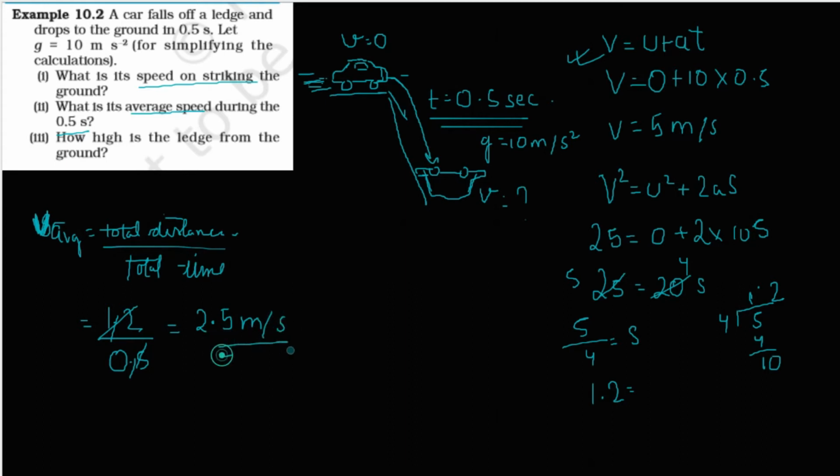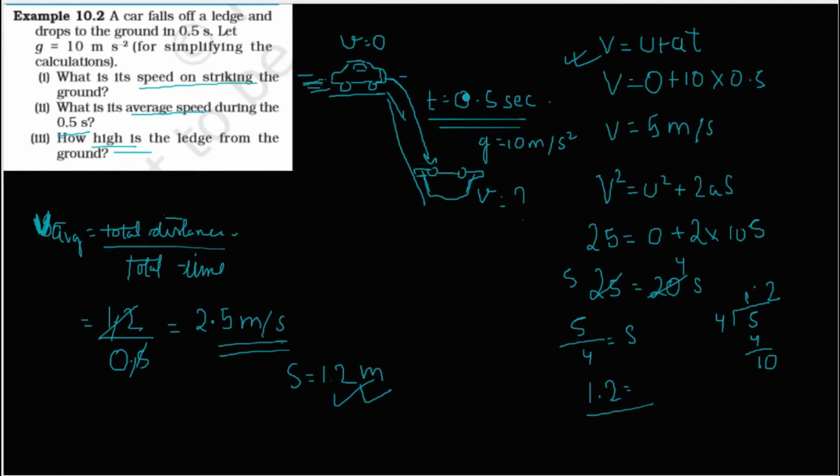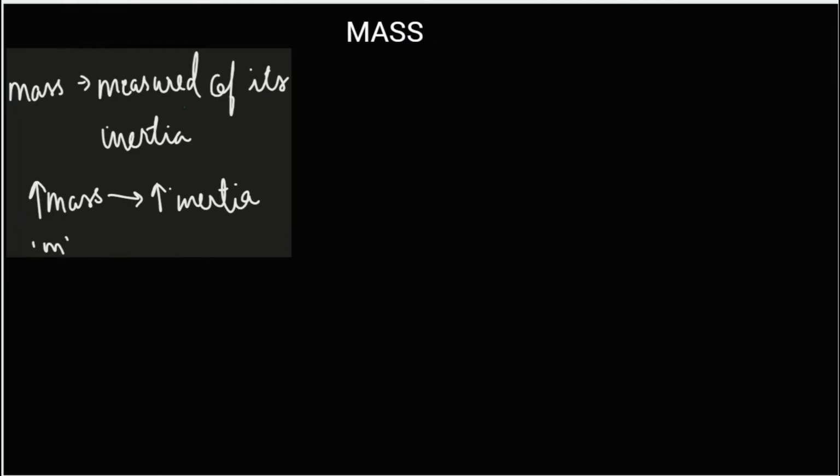Don't forget, you will lose marks if you don't write the SI unit. Now the height, that we have found, is 1.25. That's your answer. S is equal to 1.25. Okay, you got the answer. Let's just go to the next slide.